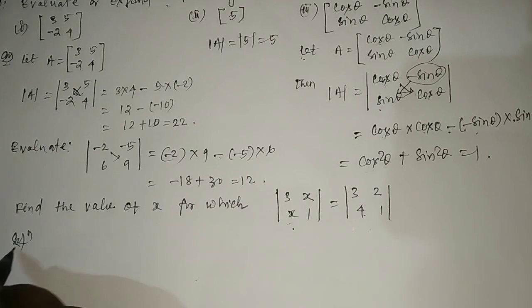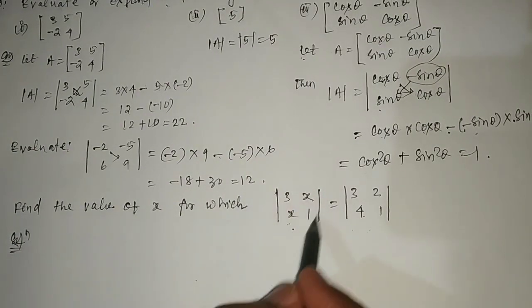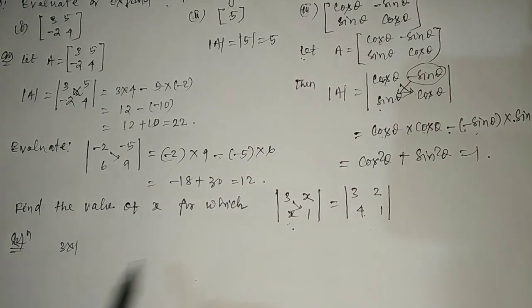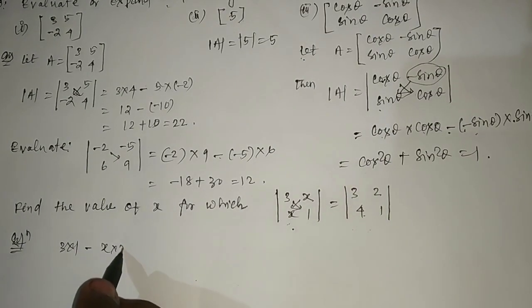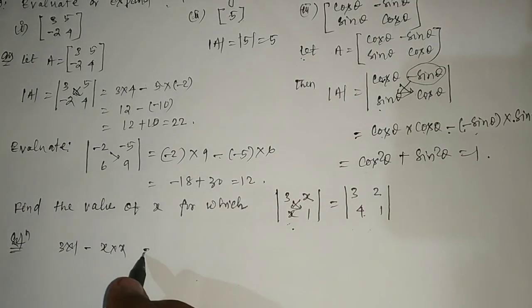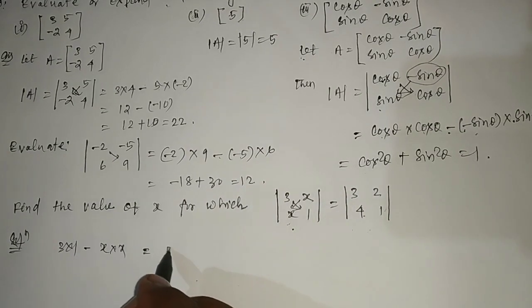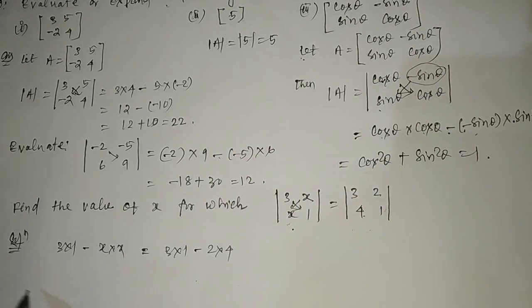So look, solution here. Evaluate this determinant. It is 3 into 1 minus x into x, which is equal to, look at the right side determinant, 3 into 1 minus 2 into 4.